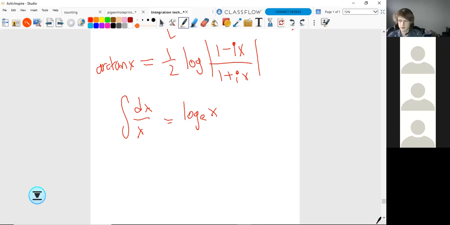There's a lot of other things that I would have to develop before we could rigorously talk about calculus over the complex numbers. We would need a lot more.